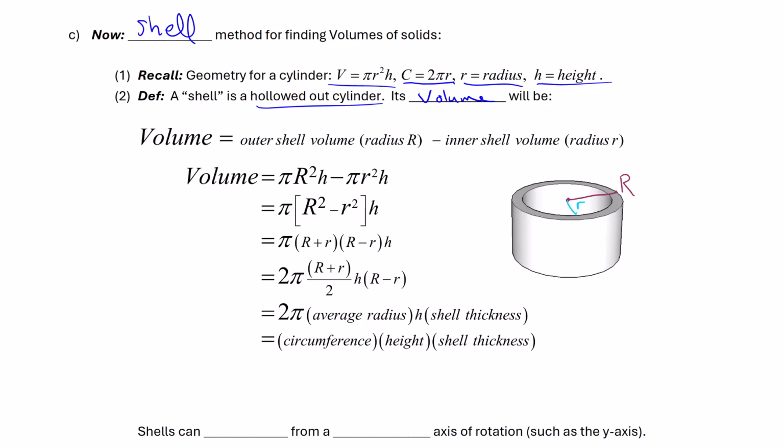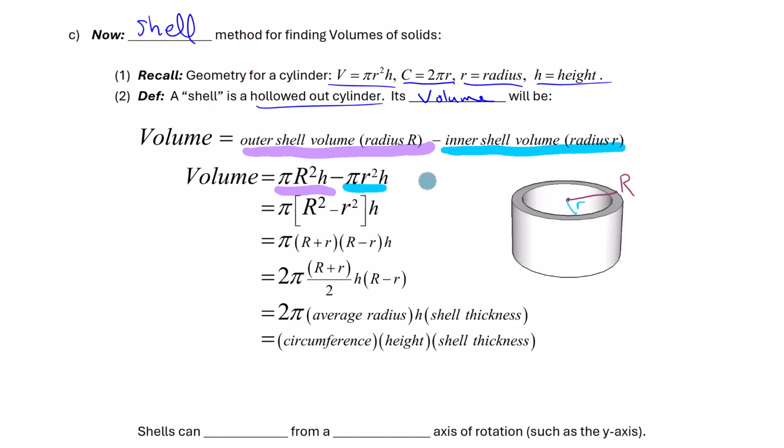But all we have here are two things, as described already. We have this outer shell volume, which has the capital R radius. That's just pi R squared h, again going back to the volume of a cylinder formula we recalled above. But then take away the inner shell volume, which is again pi r squared h, but this is a lowercase r for, in this case, the smaller or inner radius.